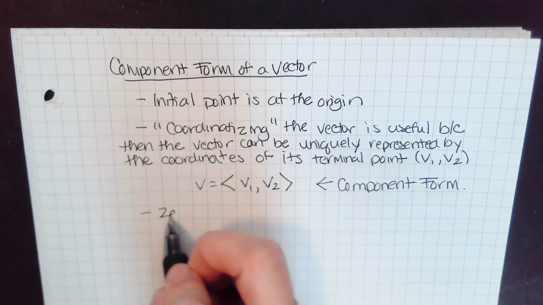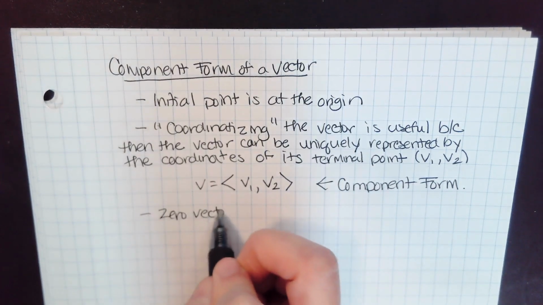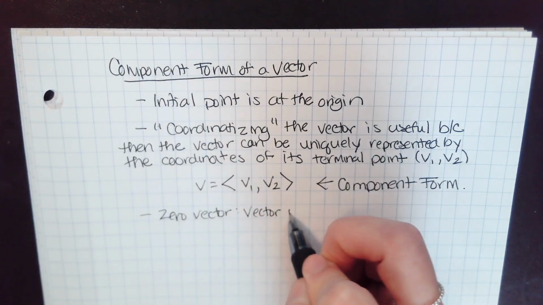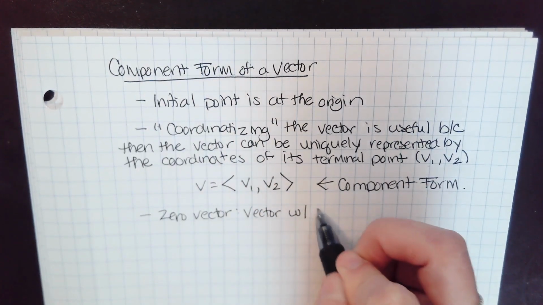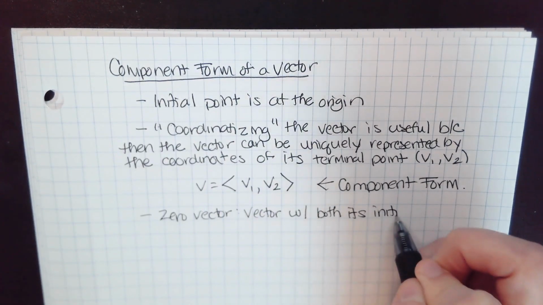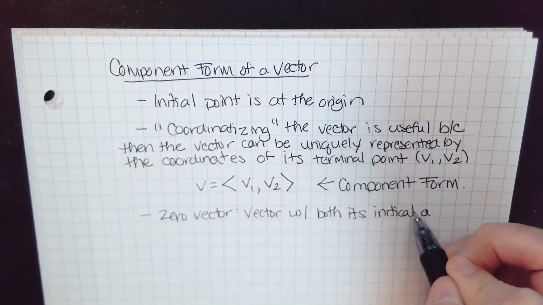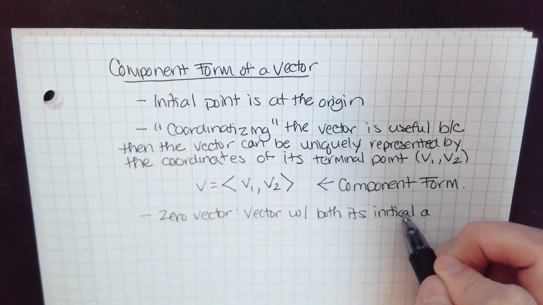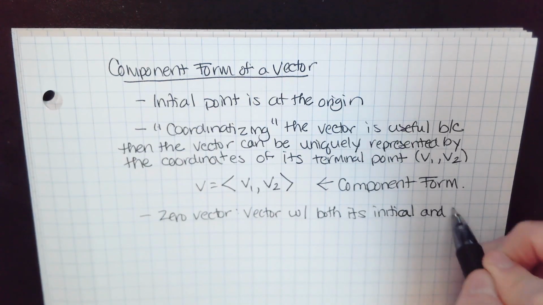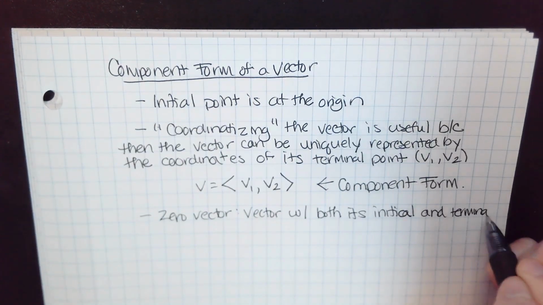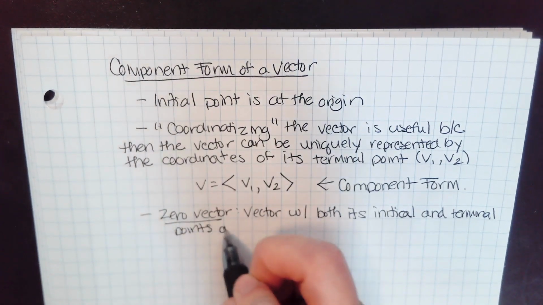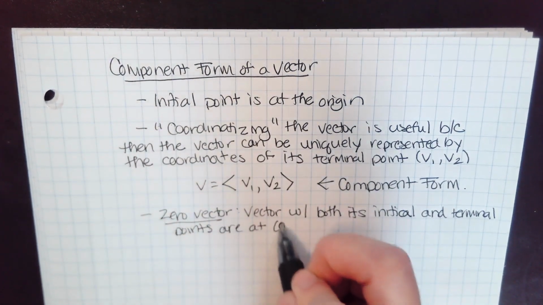And the zero vector is a vector with both its initial and terminal points at (0, 0).